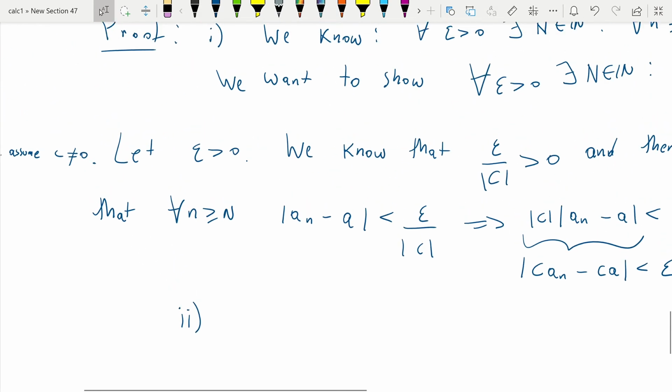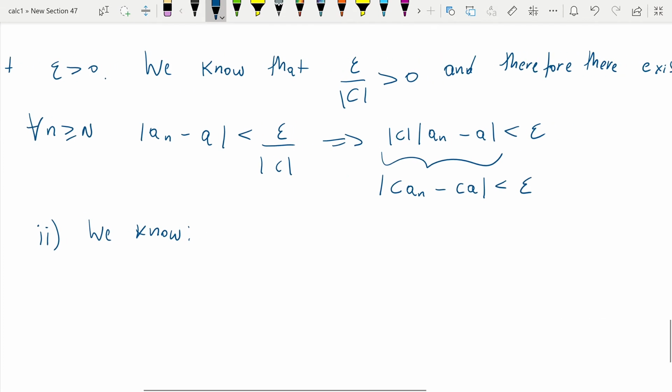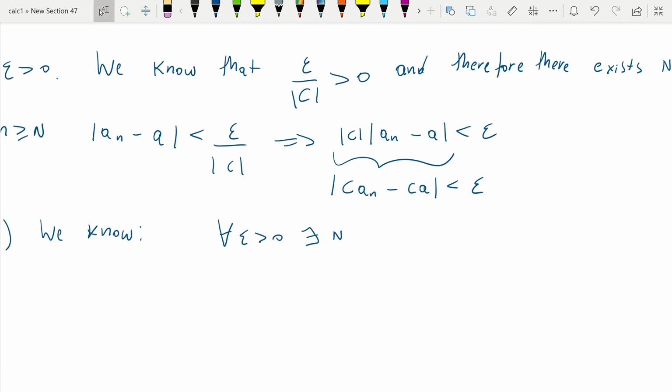Okay, so the point here is that we know two things. First is that for all epsilon greater than 0, there exists some N, dependent of course on that epsilon.